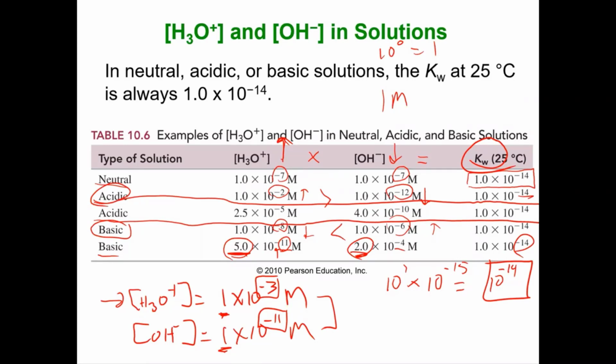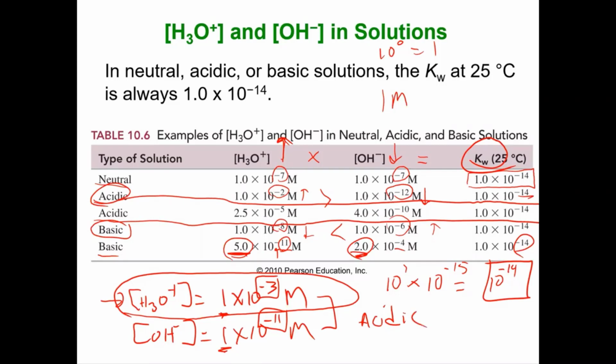Is 1 times 10 to the minus 3 bigger than 1 times 10 to the minus 11? The hydronium concentration is higher. So the minus 3, exactly, is a bigger number. That means I have more hydronium. So is this acidic or basic? Acidic. Exactly. Because we're measuring the acidity based on that hydronium concentration.